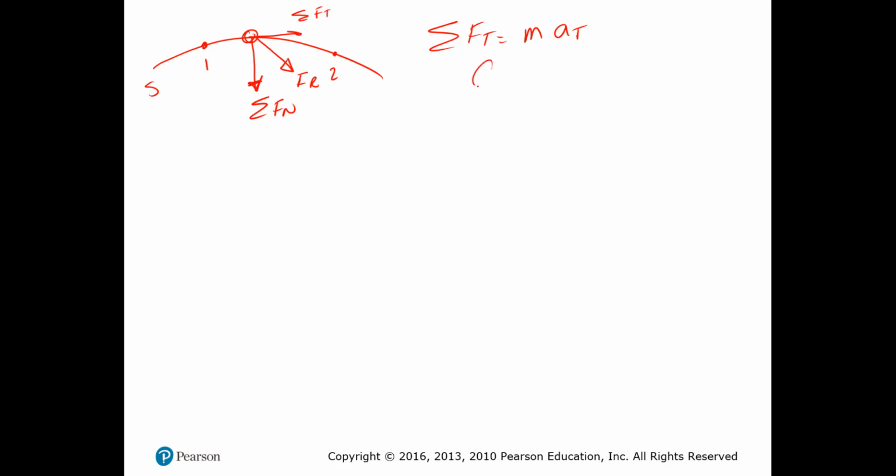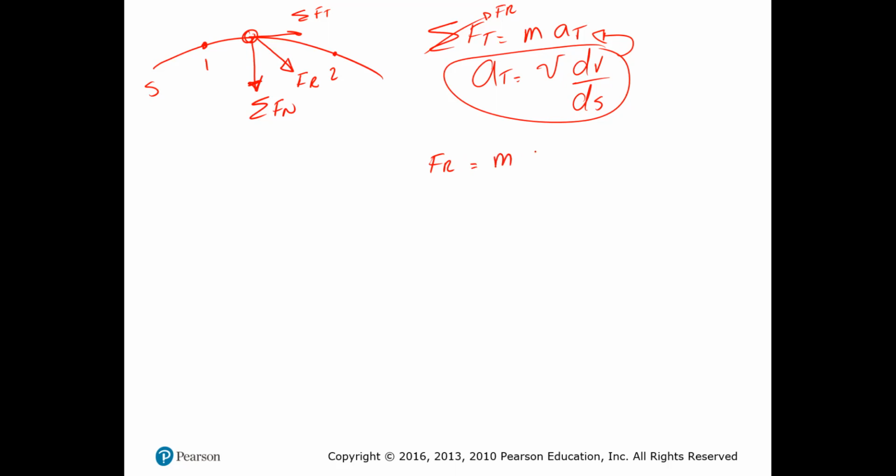And just recall that your tangential acceleration equals the speed multiplied by the change of v with respect to s. If I plug this into this equation, and this guy right here is the resultant forces, all the resultant forces equal mass times v dv/ds.